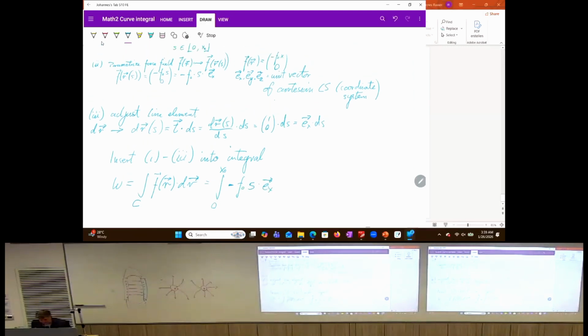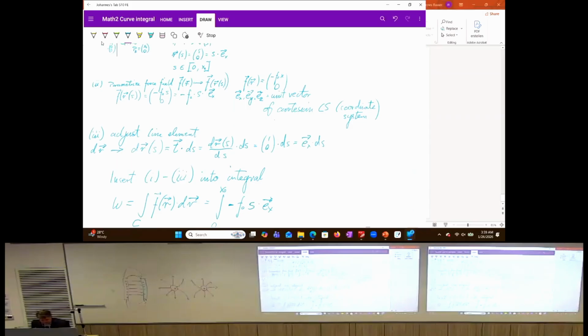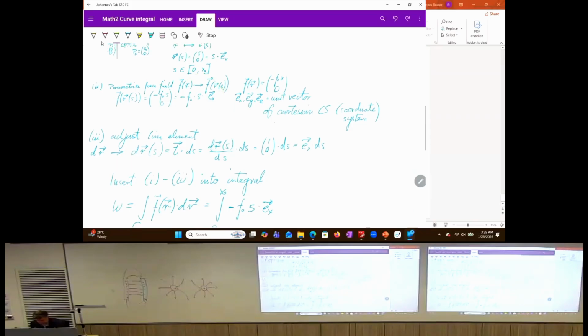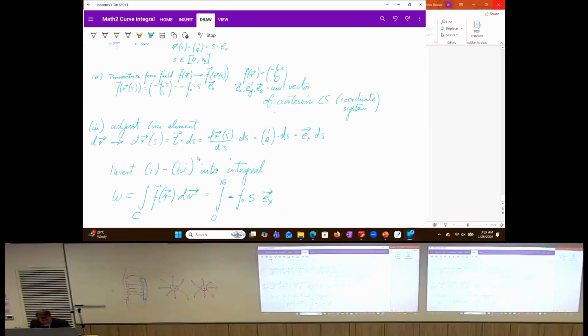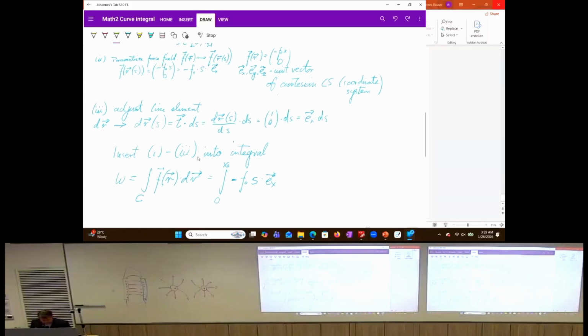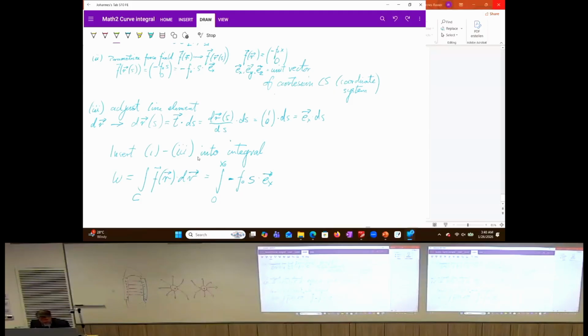You see, this is from step 2 here. And from the third step, where we have identified the adjusted line element, which is just the unit vector x times ds, that comes in here now. That dr turns into ex ds.